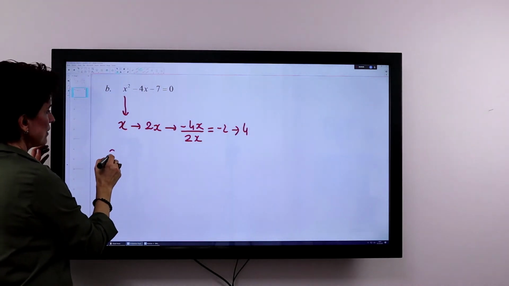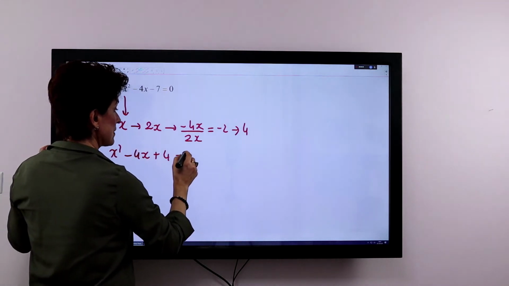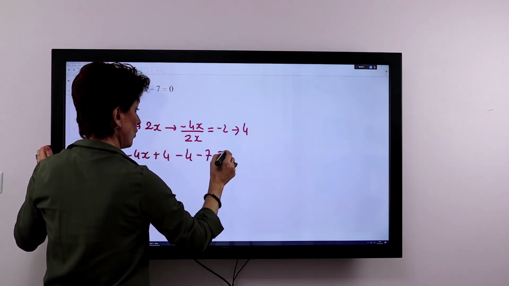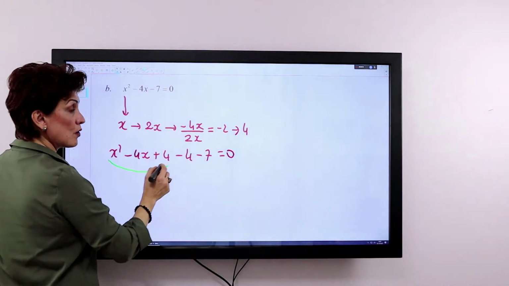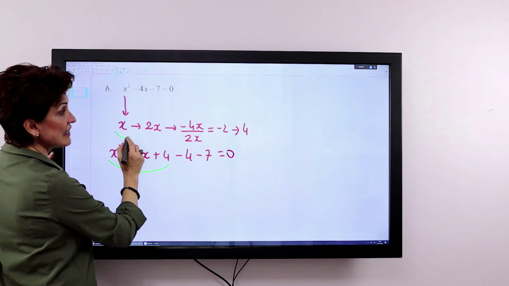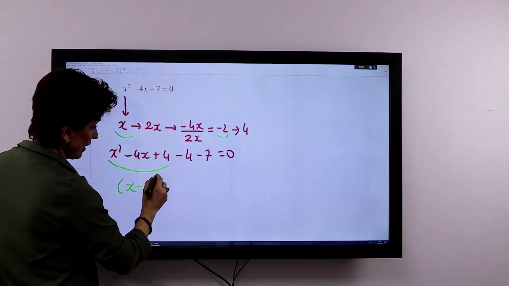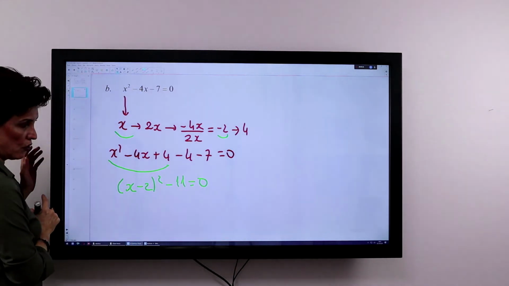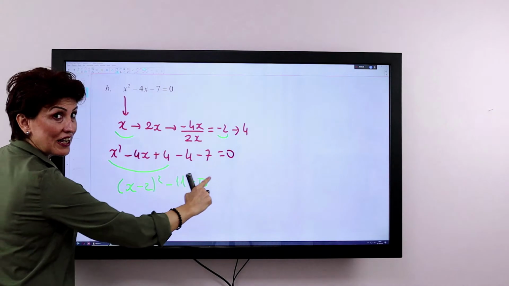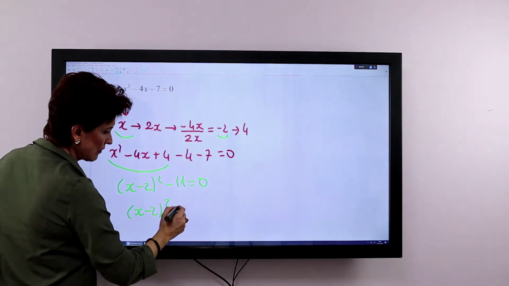I need to add 4 and at the same time subtract 4, negative 7. Don't forget to write negative 7, please. The first three terms give (x minus 2) squared, then negative 11 equals 0. If I move 11 to the right-hand side, (x minus 2) squared is 11.